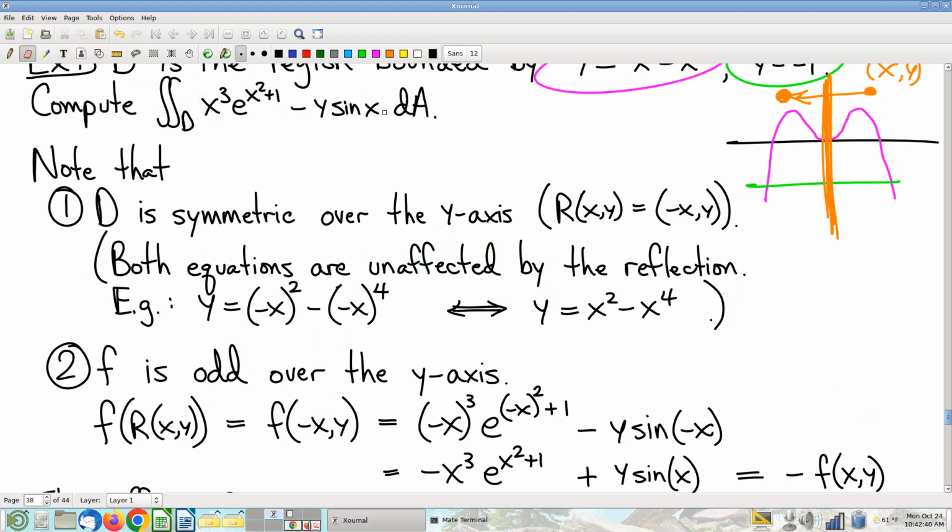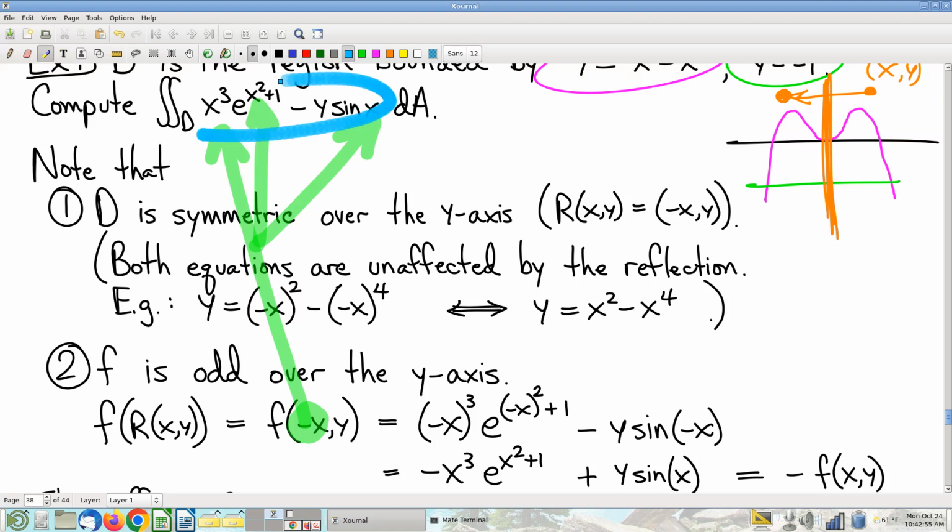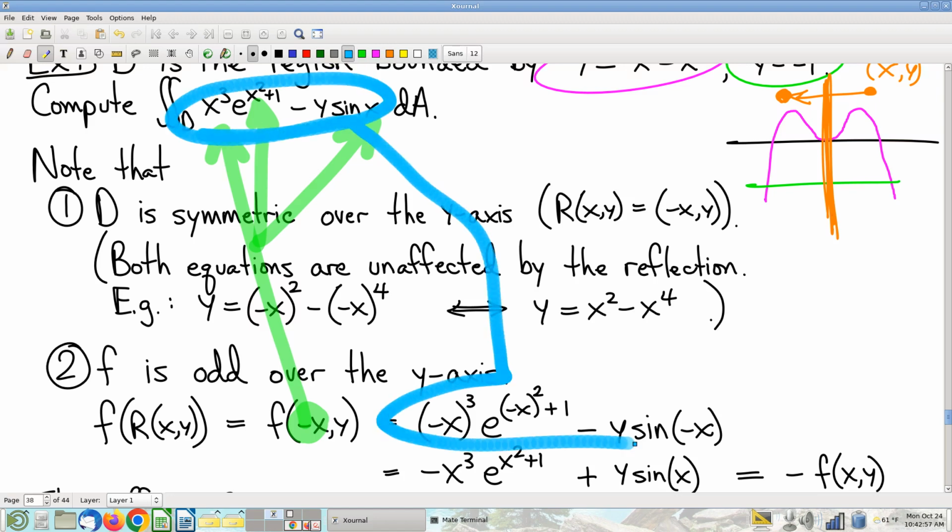I'm going to take minus x. That minus x goes in to where all the x's had been. And so my function turns into this because I get a minus x there, and there, and there.